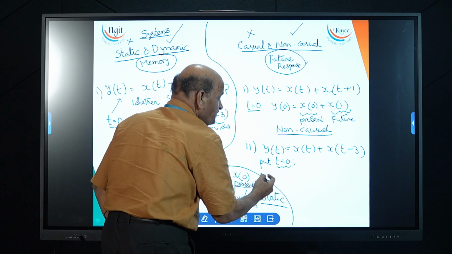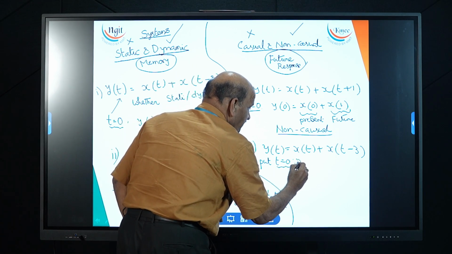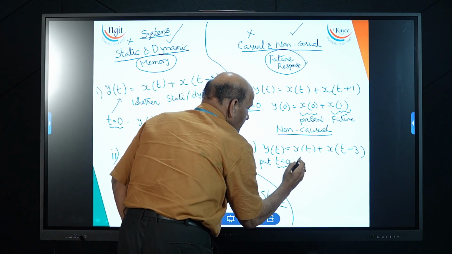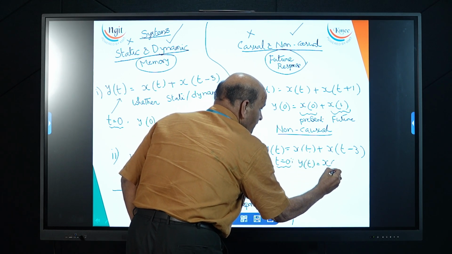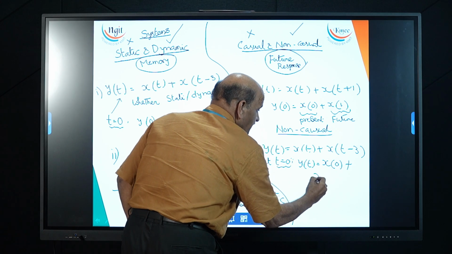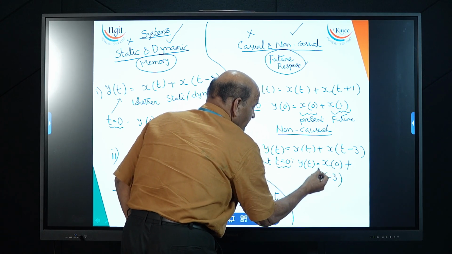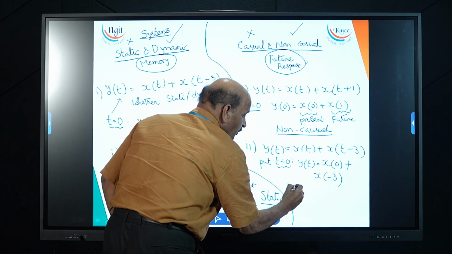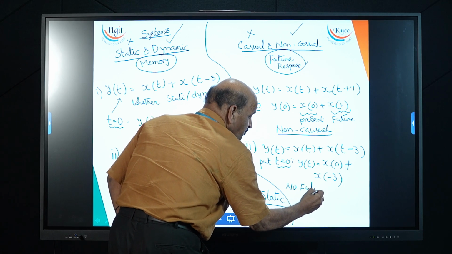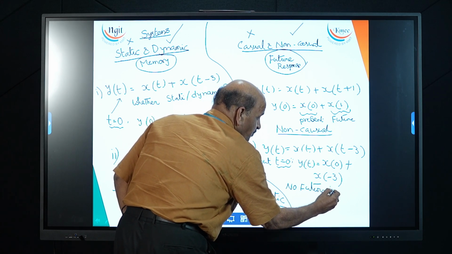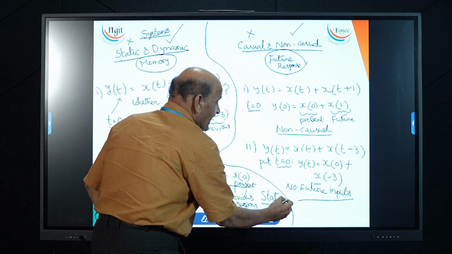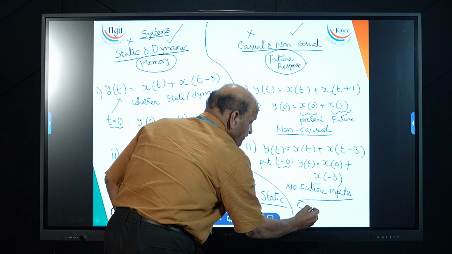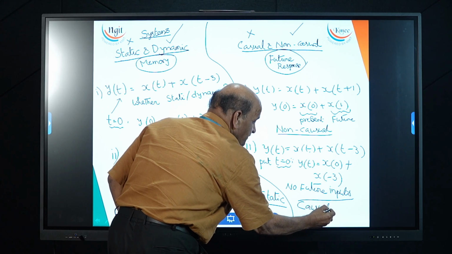In this case, y of 0 gives what? x of 0 plus x of minus 3. Here there are no future inputs. This system is called a causal system.